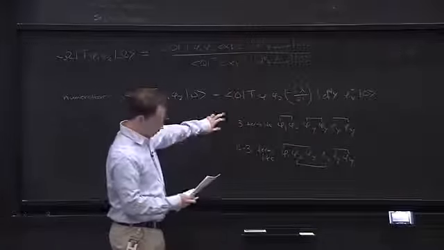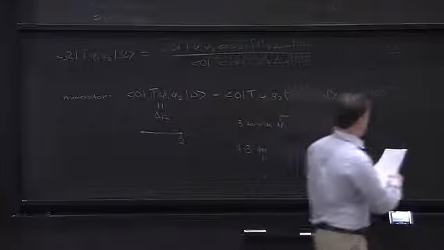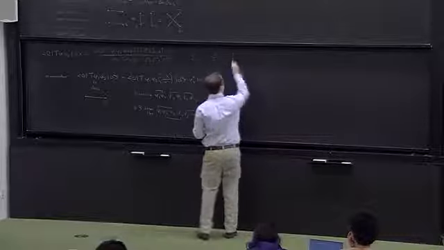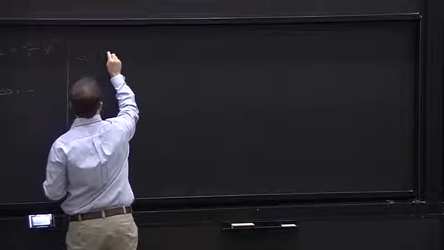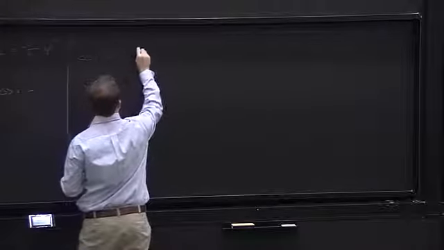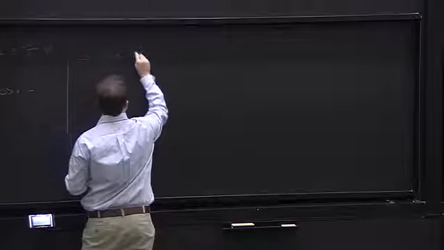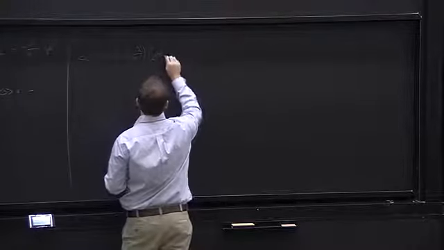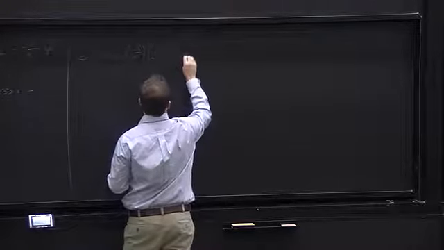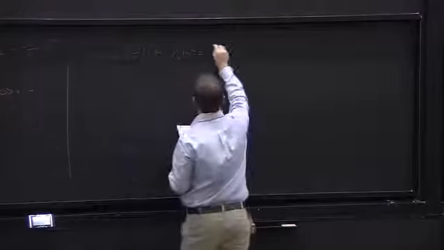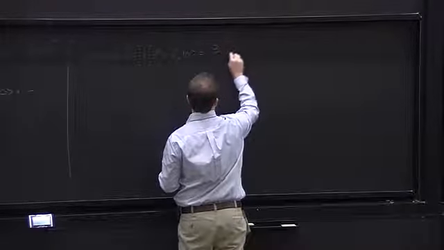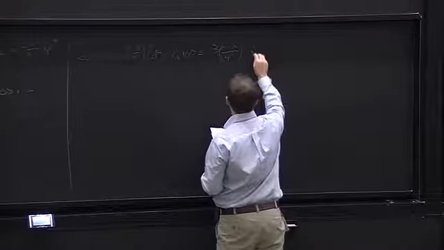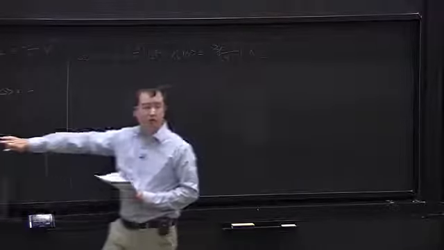Okay, so this term gives us two types of terms. And so what we have, by Wick's theorem, is 3 times minus i lambda over 4 factorial times... the contractions become Feynman propagators.